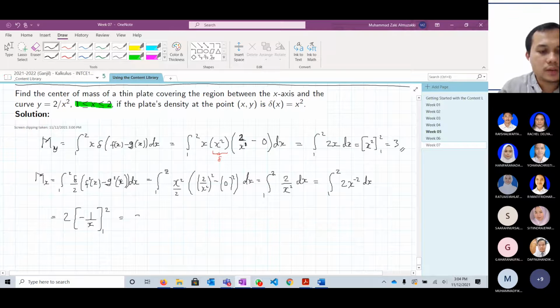Here we have 2 times minus 1 over 2 plus 1 over 1, which is 1.